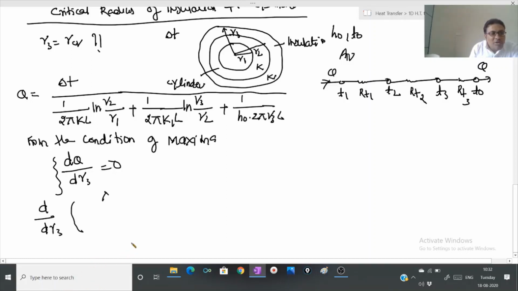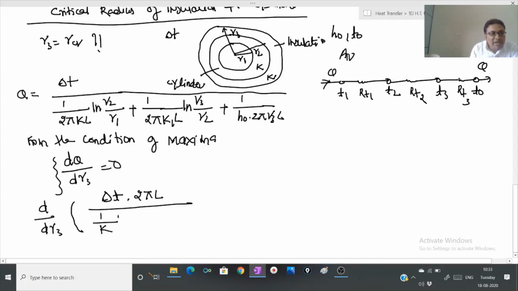So I have to differentiate the entire term. 2 pi L is common in all the terms, so I am taking it in the numerator. So what will be remaining in the denominator?